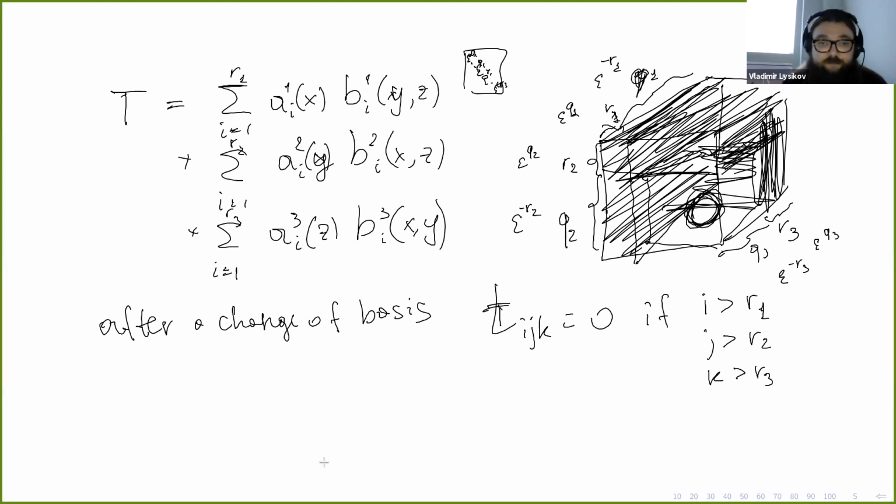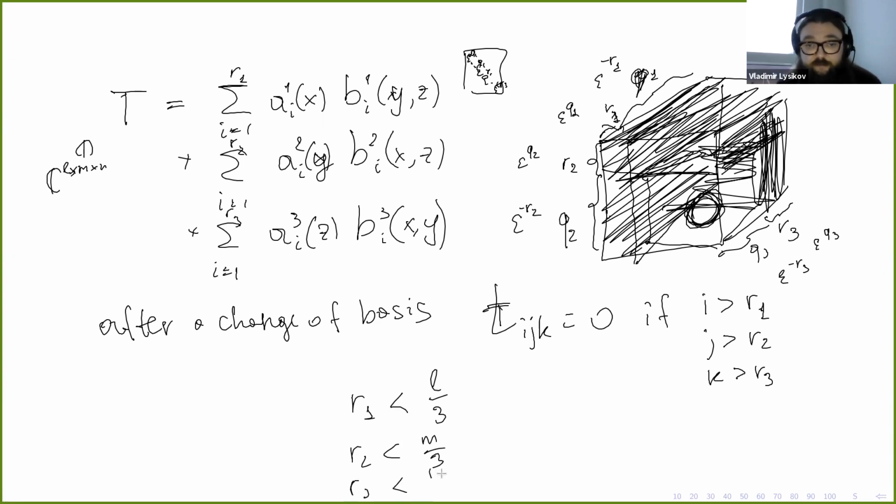And this actually happens if the tensor is in L times M times N, R1 is less than a third of its size, R2 is less than a third of its size, and R3 is less than a third of its size.